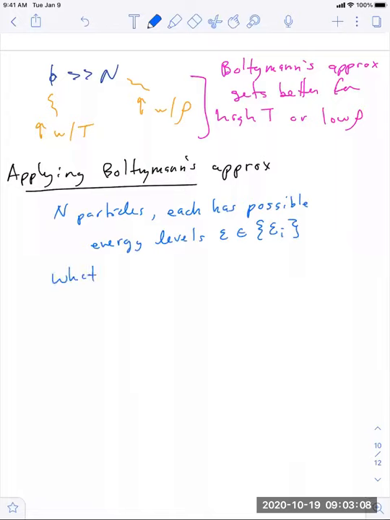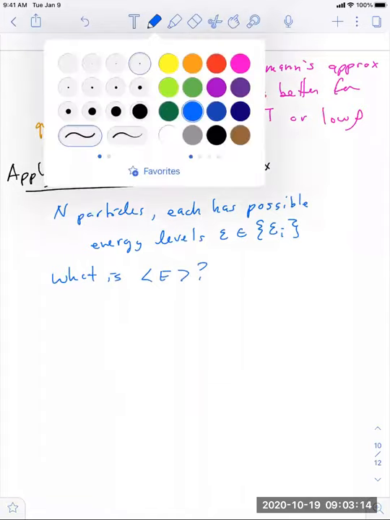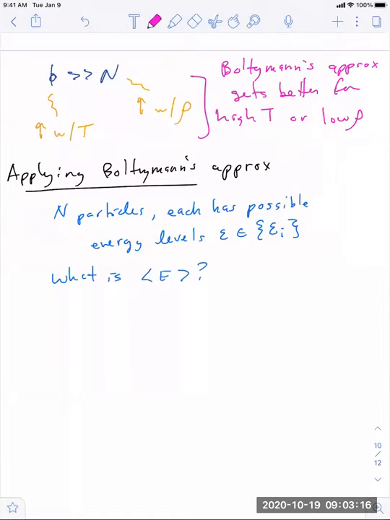What is the average energy? That's essentially the problem we're trying to solve. So we can write out the partition function in terms of Boltzmann's approximation. So this is the big partition function Q equals our molecular partition function raised to the number of particles. And then to correct for overcounting, assuming that every particle can be in its own state, we divide by n factorial.